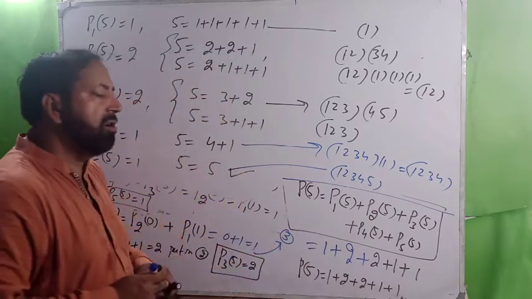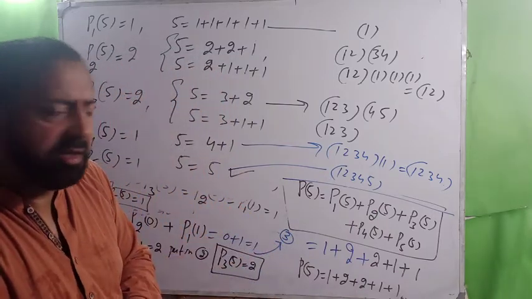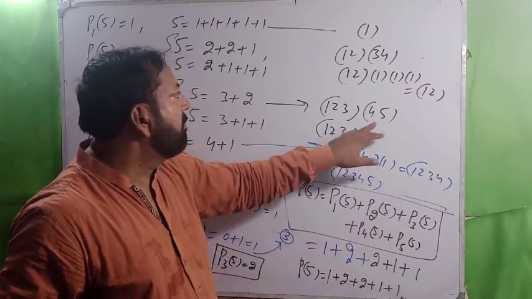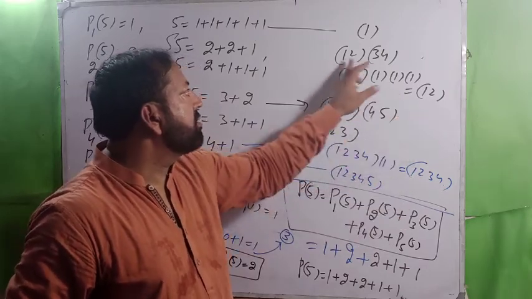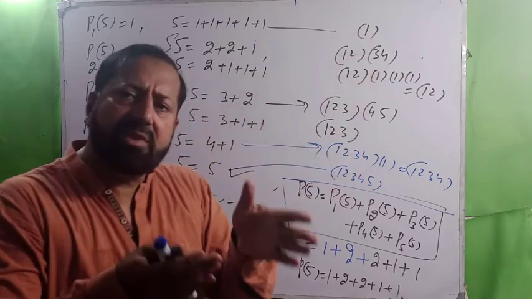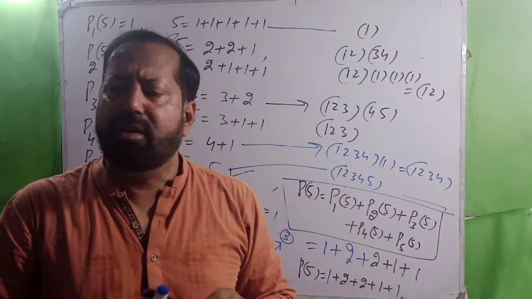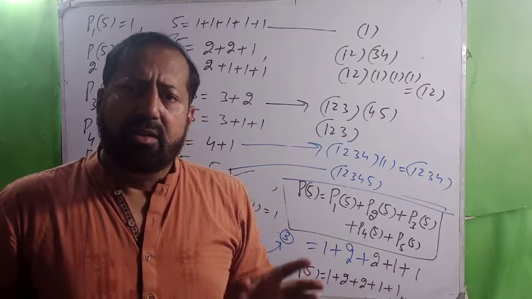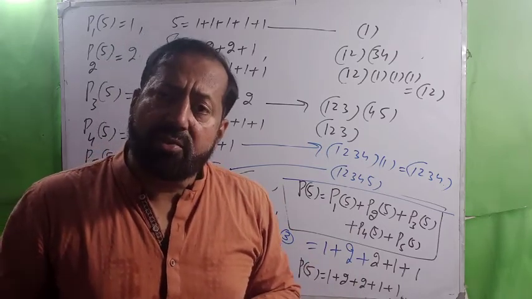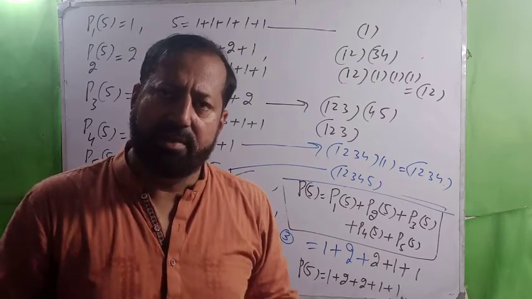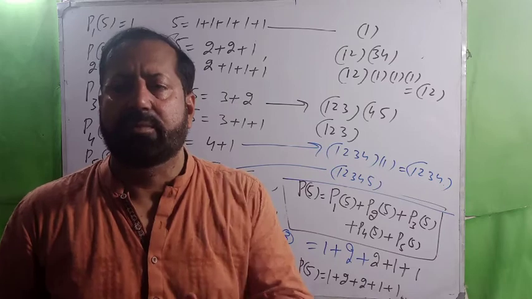Okay, so how many conjugacy classes are there in S5? 1 2 3 4 5 6 7. So you have 7 types of elements, and remember there is a very popular theorem you can find in all books that 2 permutations are conjugate to each other if and only if they are of the same type or they have the same cycle type, right?